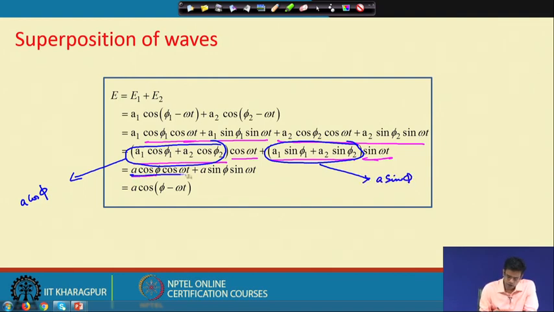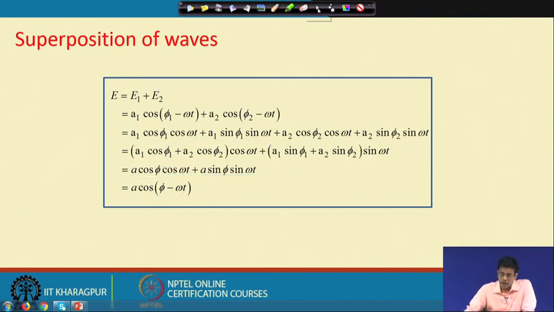So, now this becomes my A cos(phi minus omega t). The resultant magnitude is A and the phase angle is phi. So, you see, there are two simple harmonic waves, and the resulting wave is also a simple harmonic wave. So, we will see what A and phi look like.